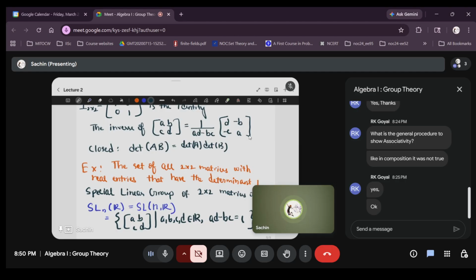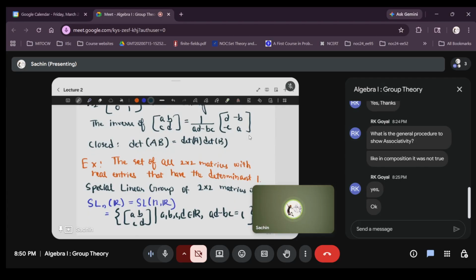Now here again you can show closure by the same formula. The determinant of a product is the product of determinants, and if the determinant of A is 1 and the determinant of B is 1, then the determinant of AB is 1 times 1, which is 1. So this is also closed.